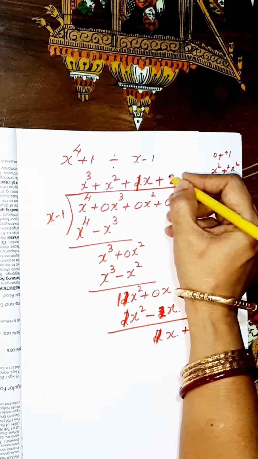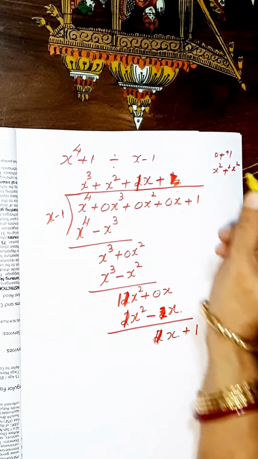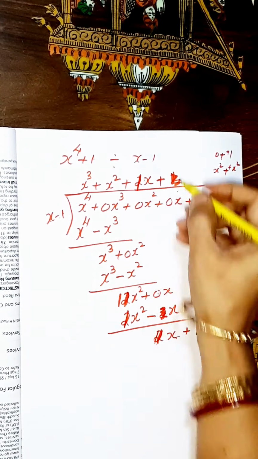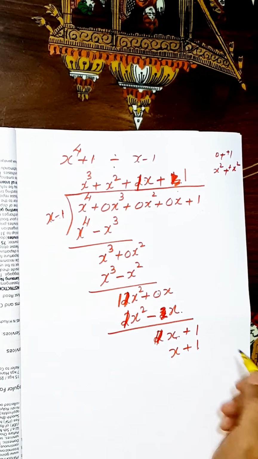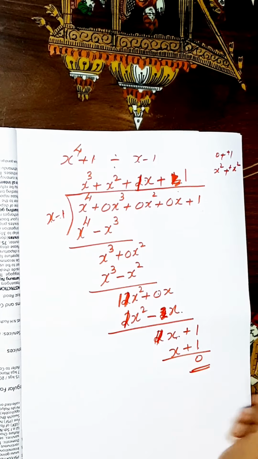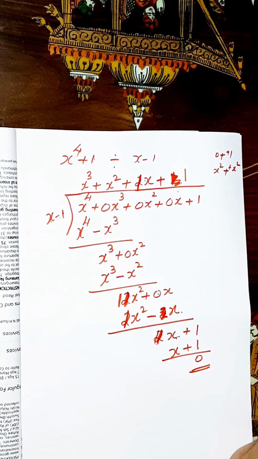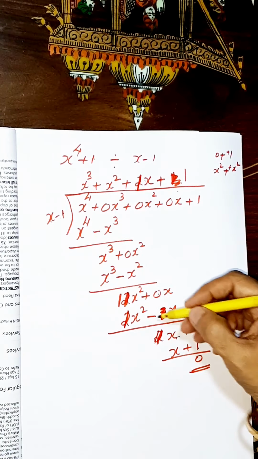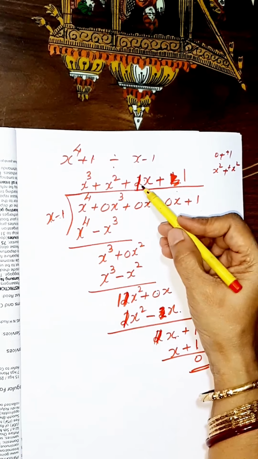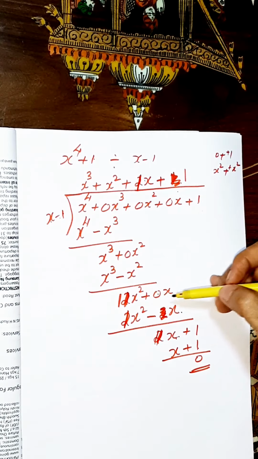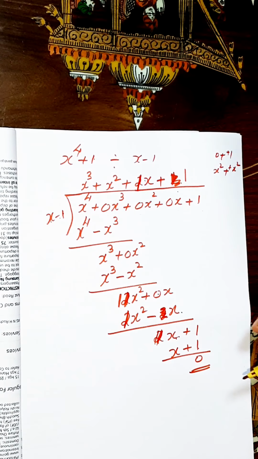Now you have only x, so you have to multiply with 1 only. So x plus 1. A small mistake here, and we had to adjust so many places. So be careful when you are doing this. Hope it is clear.